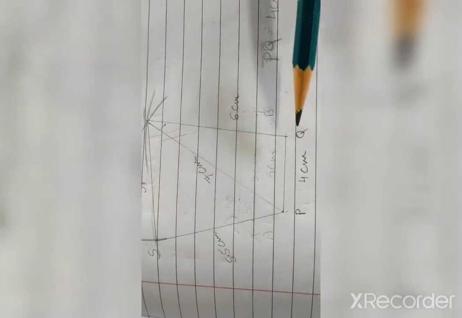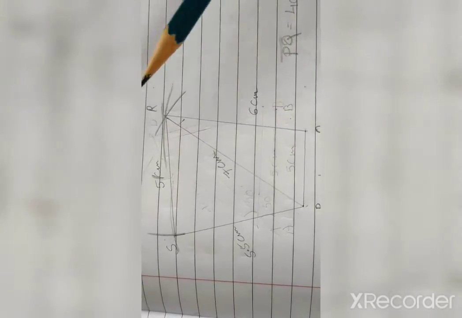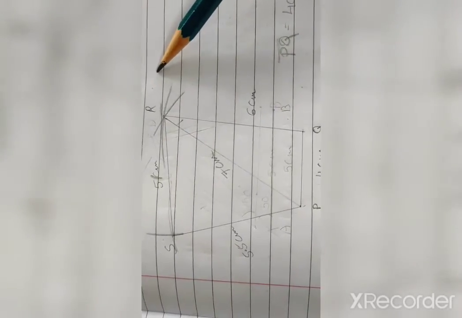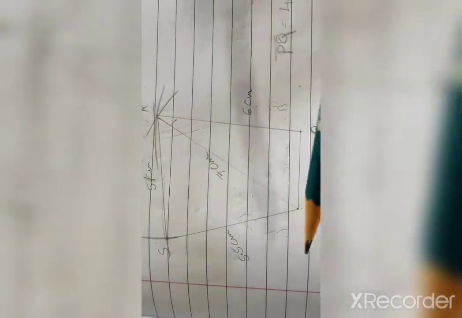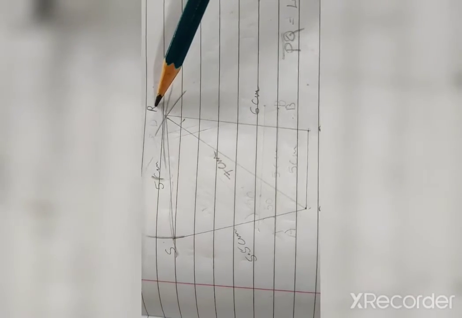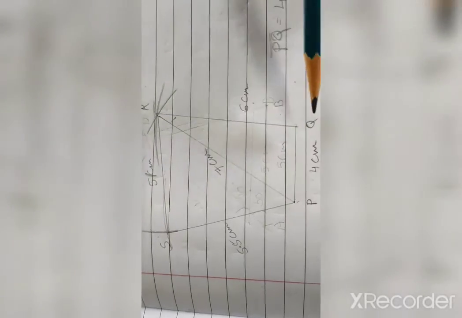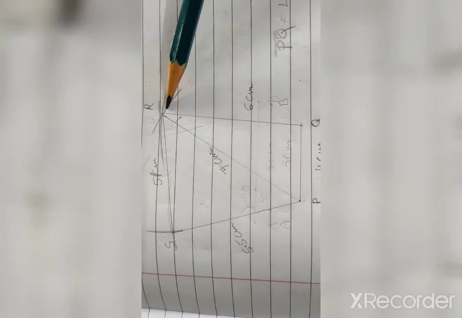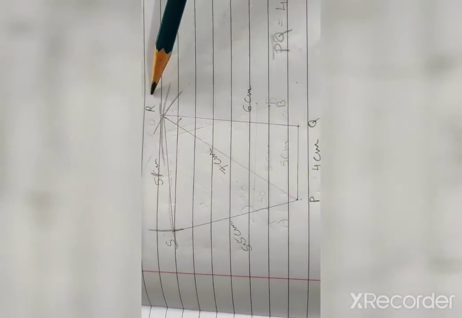Now Q as a center and by taking radius 6 centimeters, draw another arc. It will intersect the first arc at a point R. Join P to R and Q to R. Okay. PR equal to 7 centimeters, QR equal to 6 centimeters.